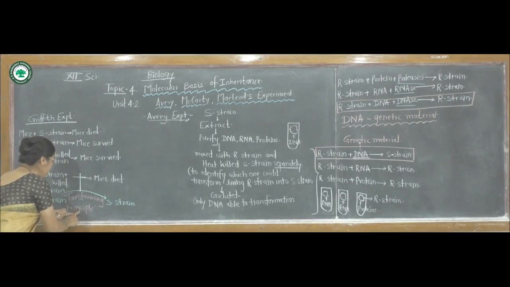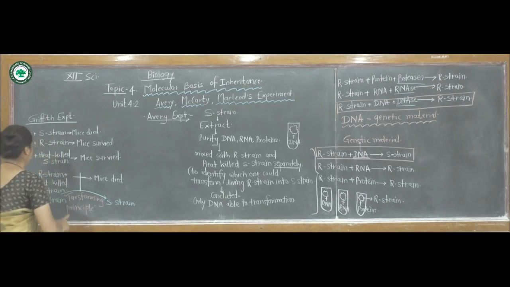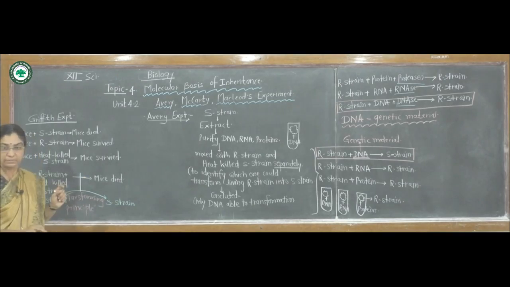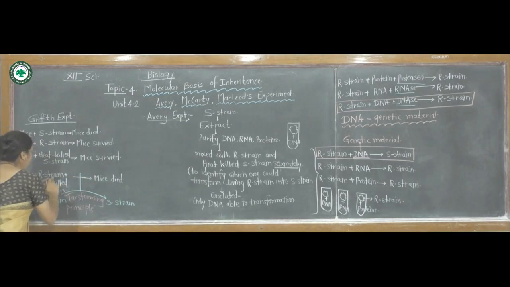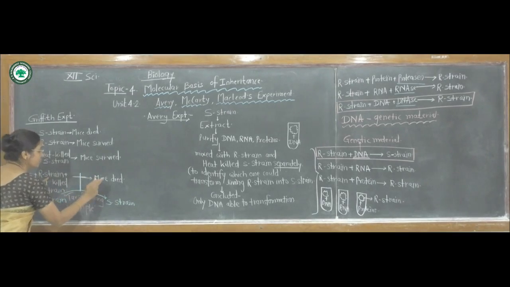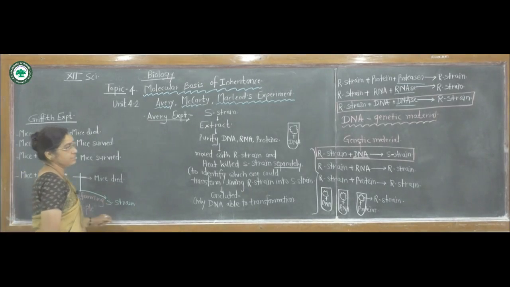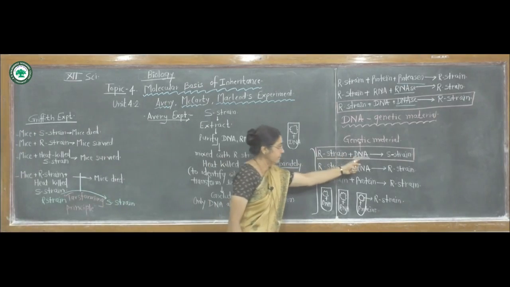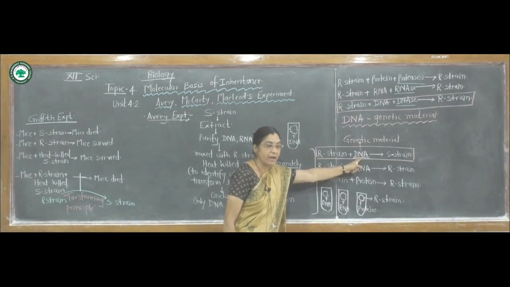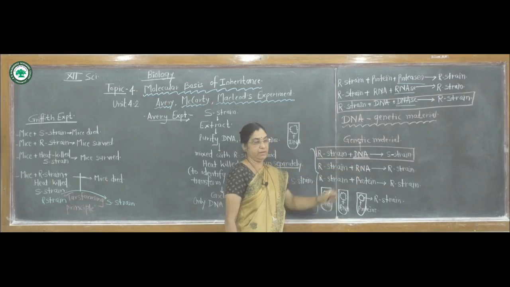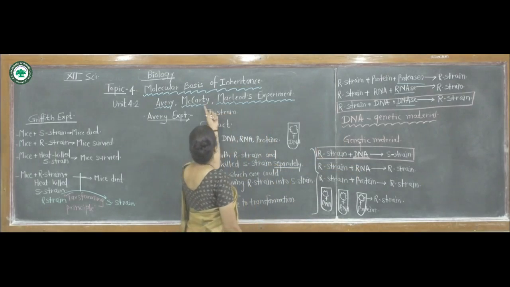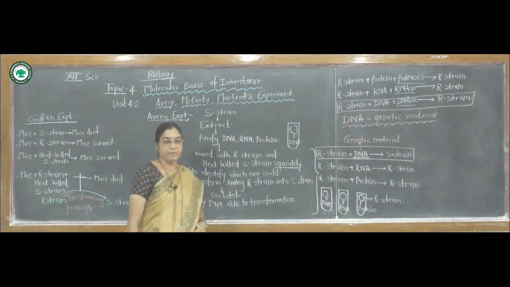The transforming principle, again here we can observe that in the Griffith experiment under the fourth step, the fourth experiment, the R strain bacterium gets converted into the S strain bacterium due to the transforming principle, and the transforming principle is nothing but the DNA and only the DNA, and that is the Avery experiment.